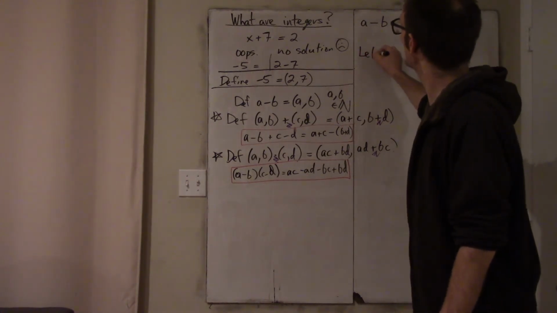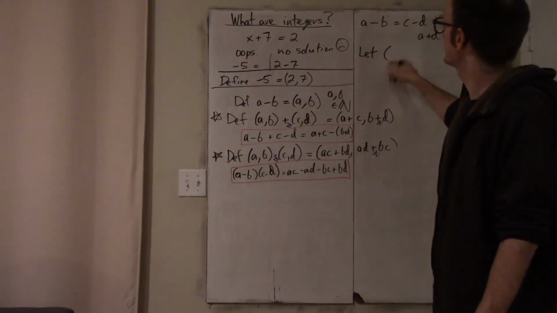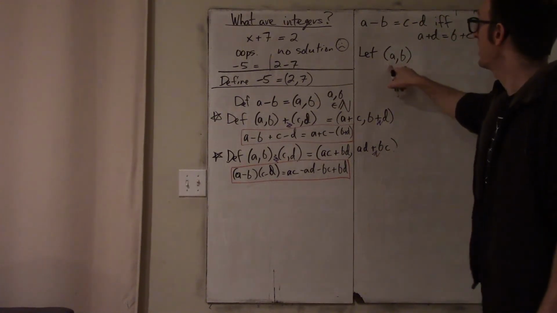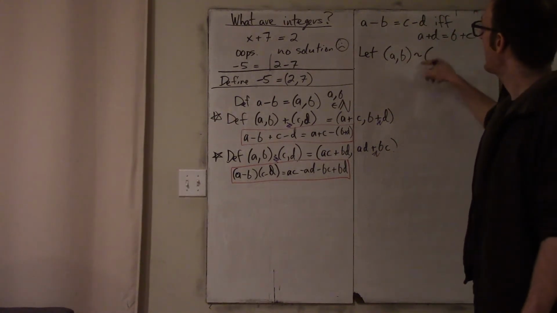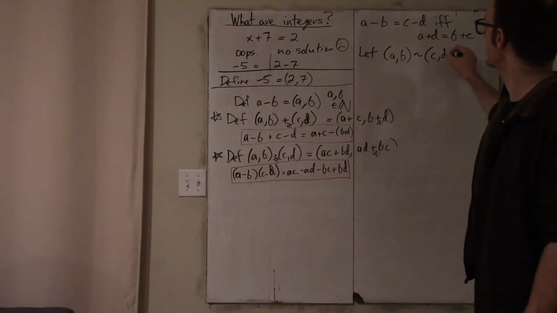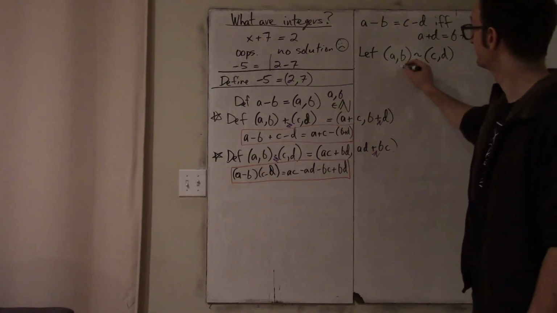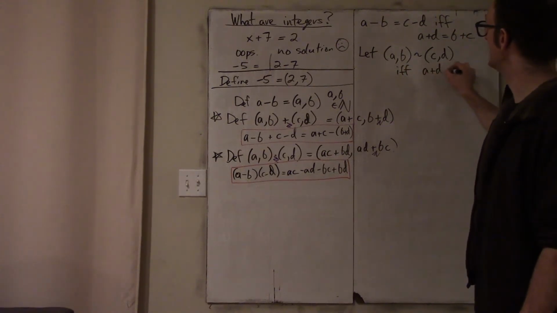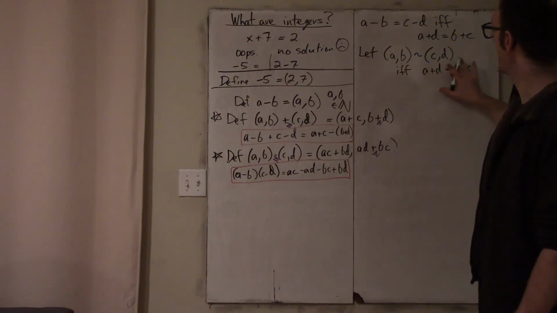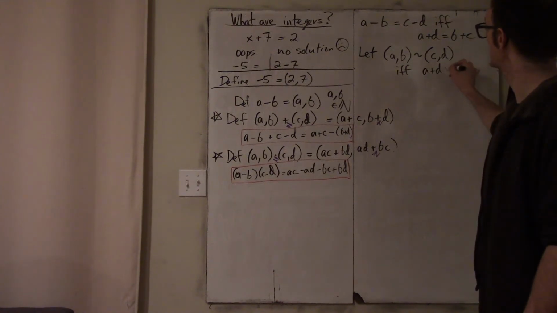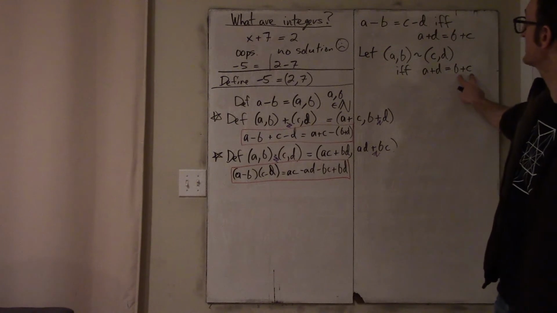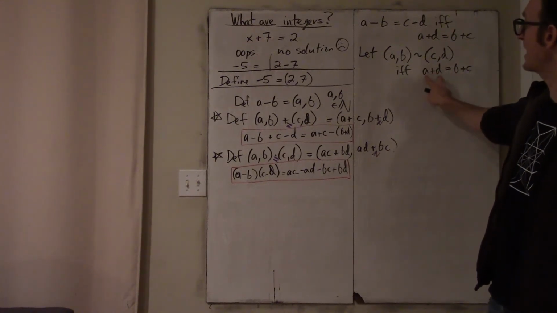So I hereby define this relation: two ordered pairs of naturals, A, B, and C, D, should be related to each other if and only if A plus D equals B plus C. And here, because A, B, C, and D are all natural, A plus D is natural, B plus C is natural, and when you add two naturals you get another natural.